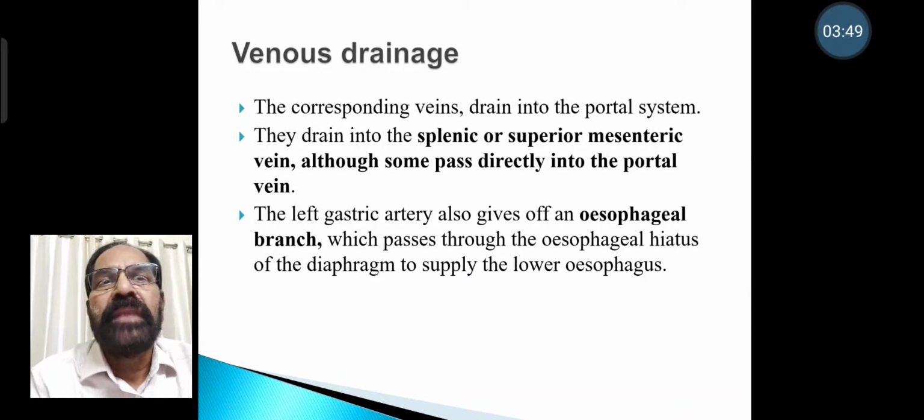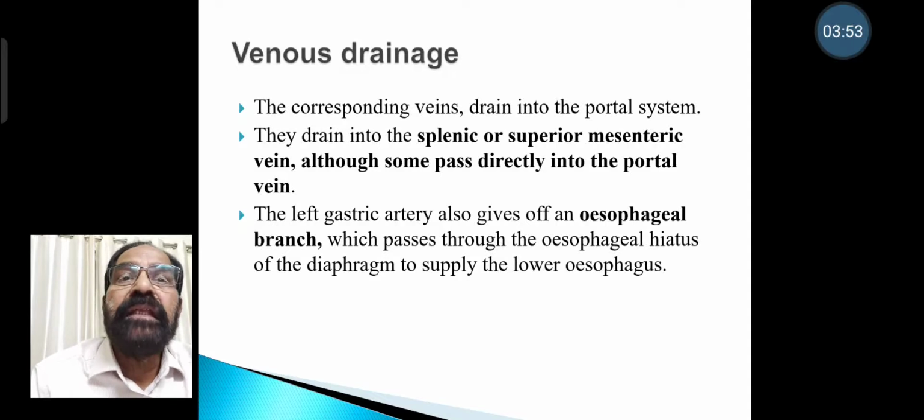Venous drainage. The corresponding veins drain into the portal system. They drain into splenic and superior mesenteric vein, although some pass directly into the portal vein. The left gastric artery also gives off esophageal branch, which passes through the esophageal hiatus of the diaphragm to supply the lower esophagus.